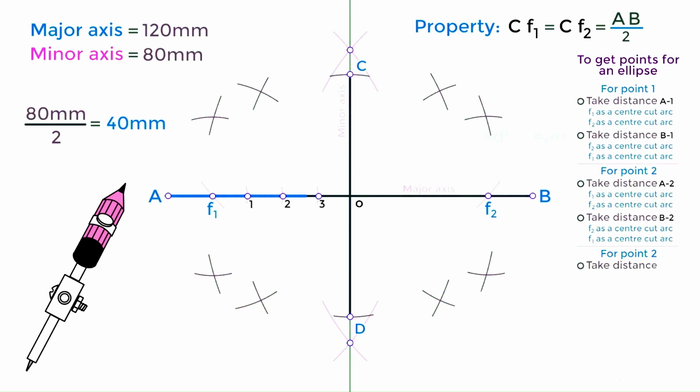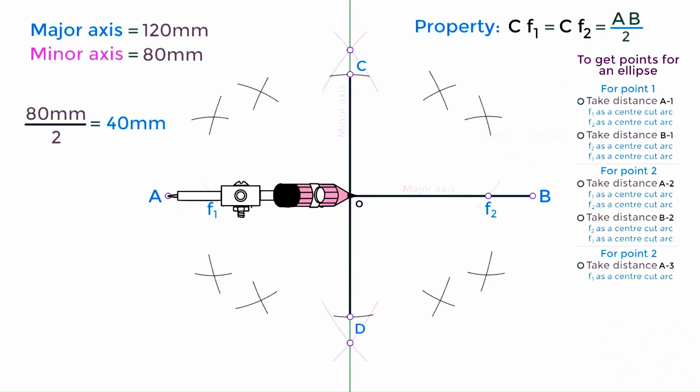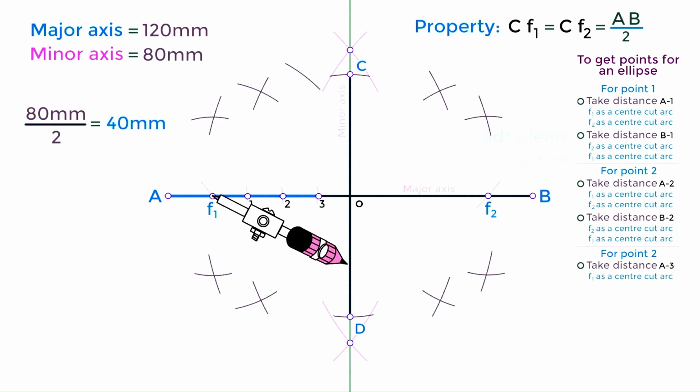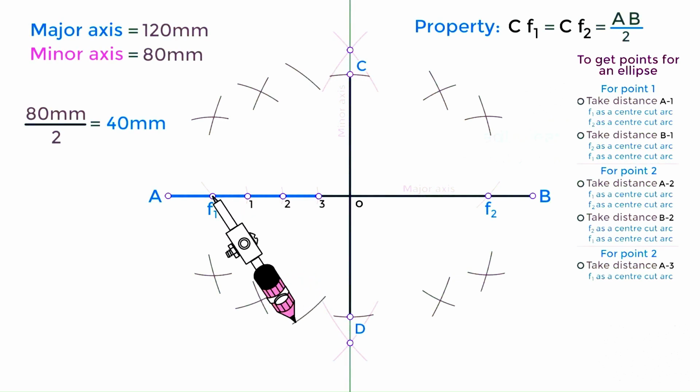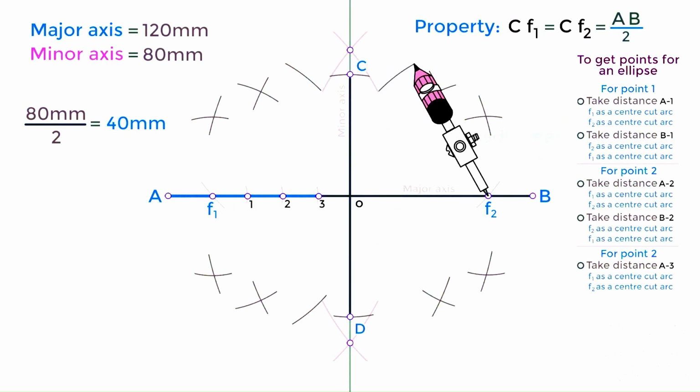At last, take this length between these points A and 3 on the compass, and using F1 as a center, cut arcs on both sides. Using the same length, take F2 as the center, cut arcs on both sides.